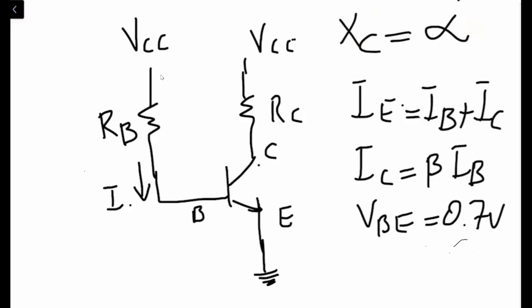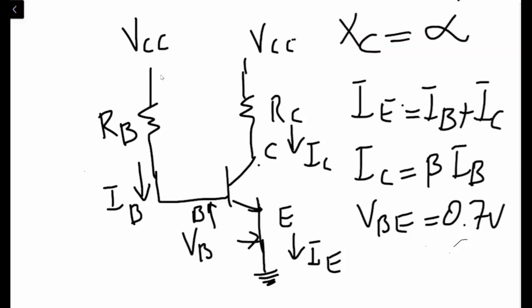The current which is flowing in the collector is IC over here, and the current which is flowing in the emitter is IE over here, right? With that, we also have the potential between the base and the emitter, which is VBE, and the potential between the collector and the emitter is VCE over here. Are you with me?